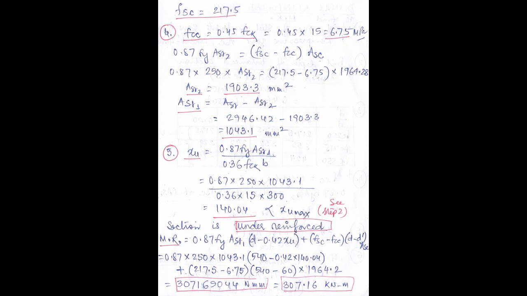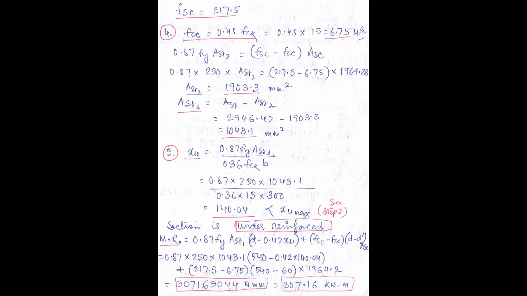Just now we have found out, from that table. Minus FCC is what? 6.75. We have found out just now. And what is ASC? ASC value is 1964.28. That we have already found out in step number 1. So if you solve it, the value of AST2 is coming out to be 1903.3 millimeter square.